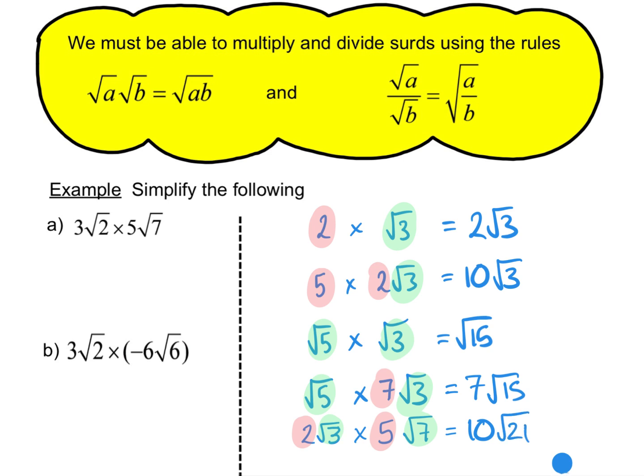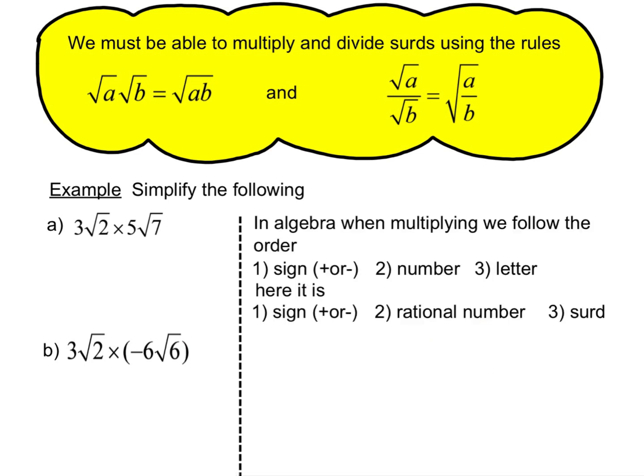Now we'll have a look at example A and see if that helps us. In algebra, normally when we're multiplying, we follow the rule: multiply the signs, is the answer positive or negative? We then look at the number part and then multiply the letters after that. When we're dealing with surds like this, it's the same kind of idea. We look at the signs, positives or negatives. We then multiply the rational numbers, in this case the 3 and the 5, and then we multiply the surd parts, which are the root 2 and the root 7.